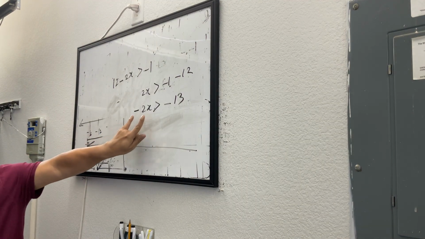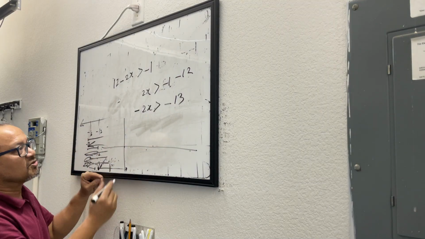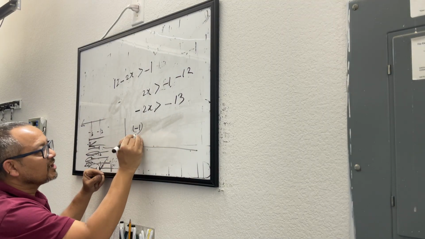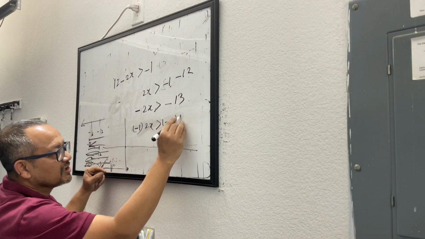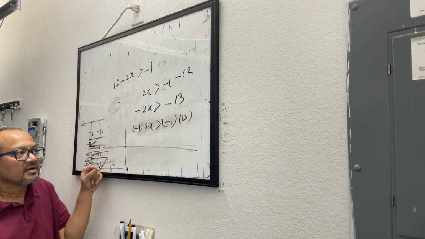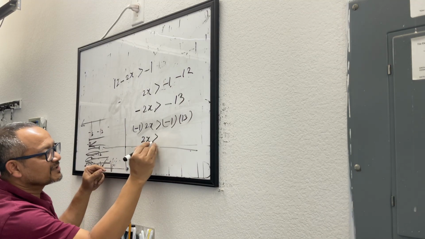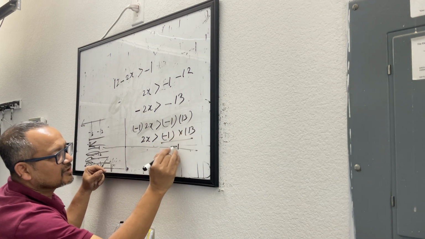If minus 2x is greater than minus 13, what does it mean to me? I can say this is minus 1 into 2x is greater than minus 1 into 13, correct? Or I will say 2x is greater than minus 1 into 13 by minus 1.